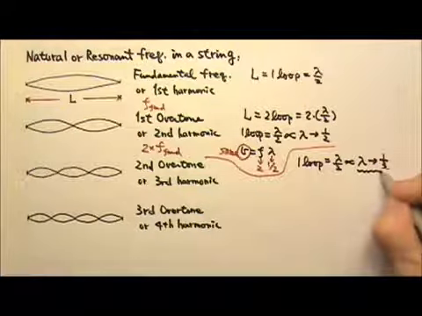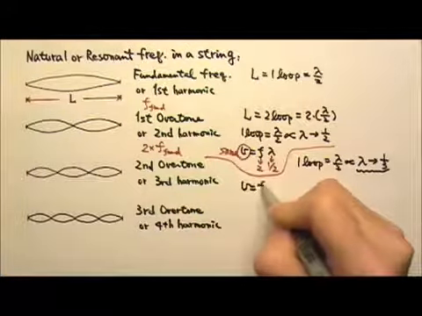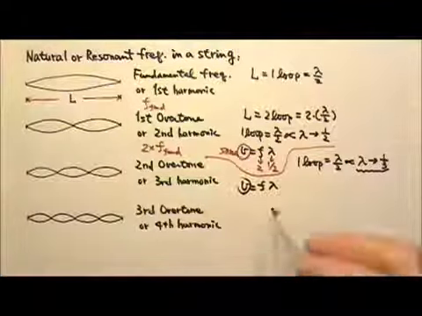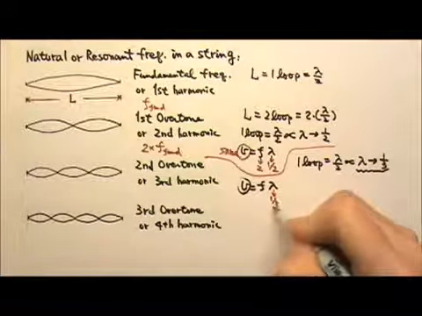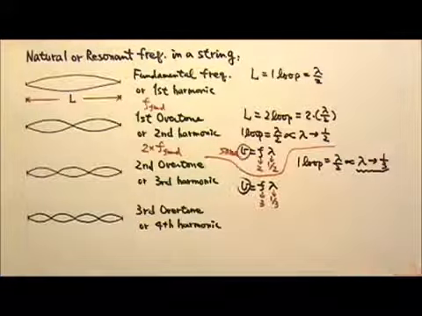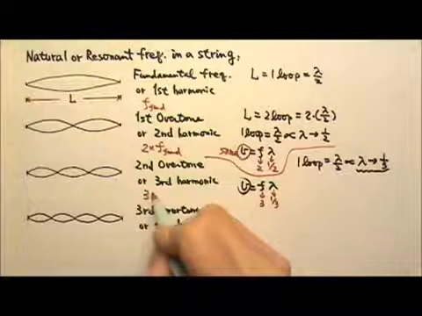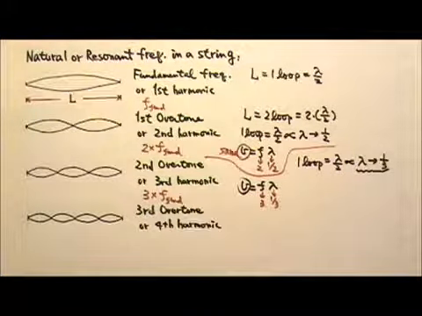That means wavelength changes by a factor of 1/3 because speed equals frequency times lambda, just like before. The speed is the same. That means if the wavelength changes by a factor of 1/3, the frequency must triple. So the third harmonic must have a frequency that is 3 times the fundamental frequency.